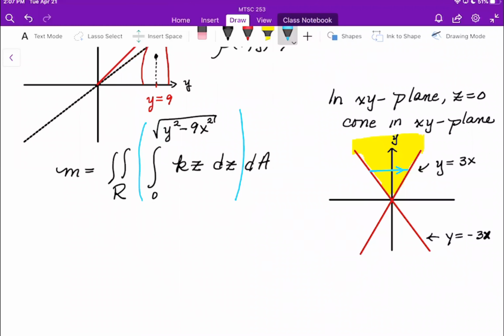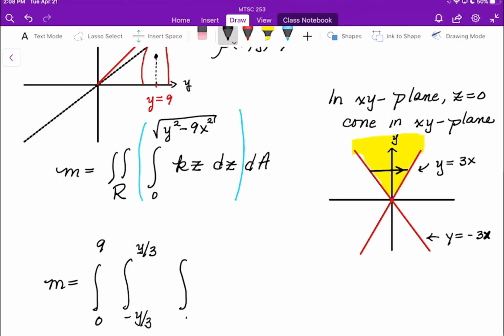So now we're going to get the mass. x is going to go from minus y over 3 to positive y over 3. y is going to go from 0 to 9.